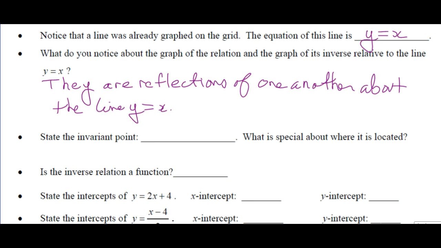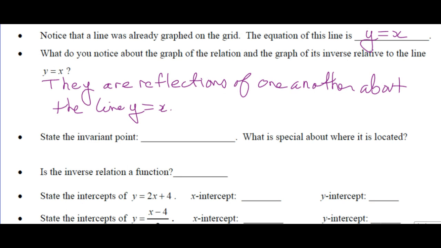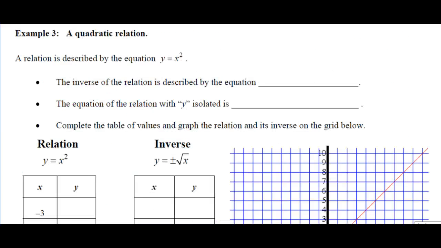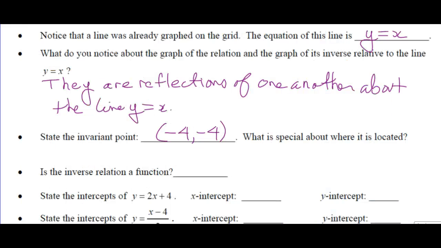What's the invariant point? Negative 4, negative 4. What's special about where it's located? It's on the line y equals x. What's special about the line y equals x? It's a line of reflection.